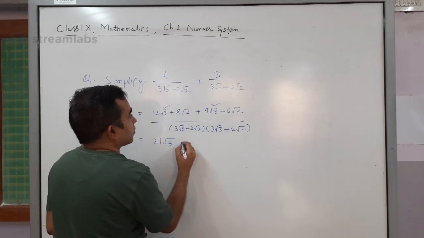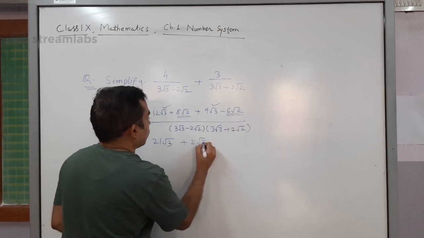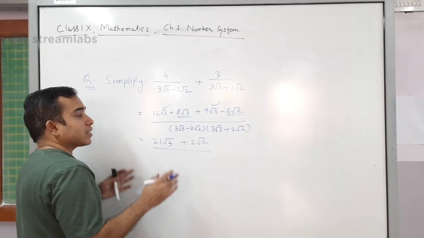8 minus 6, right? 2 plus 2 root 2 whole divided by a minus b into a plus b becomes a square minus b square.